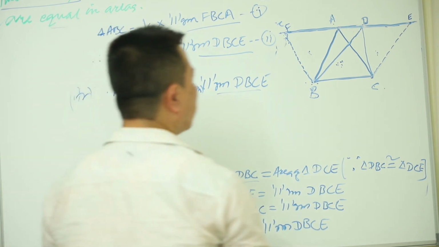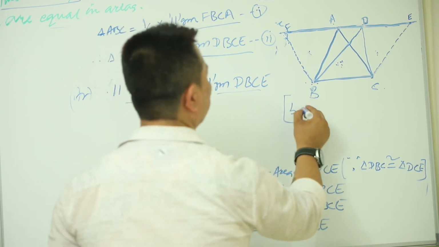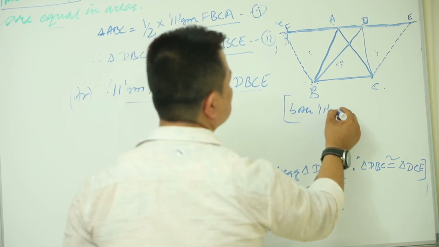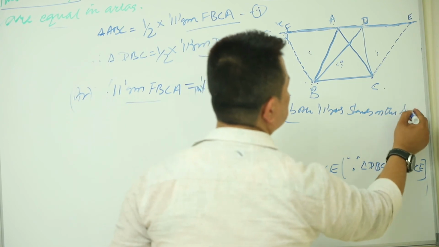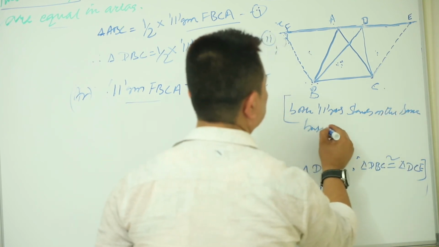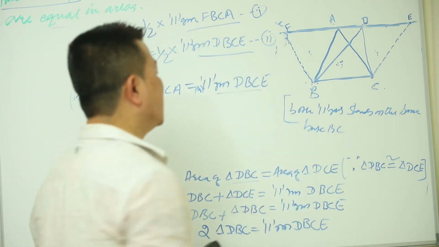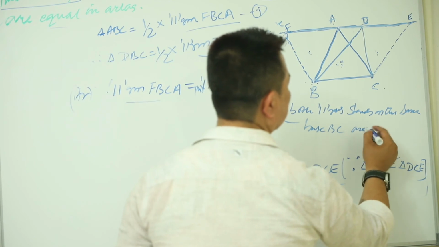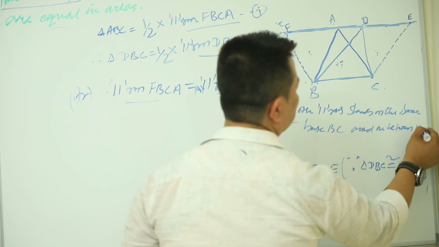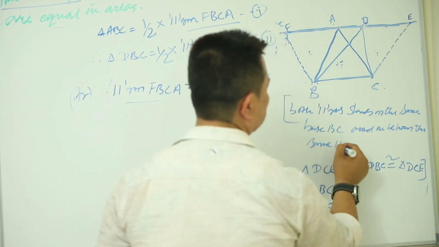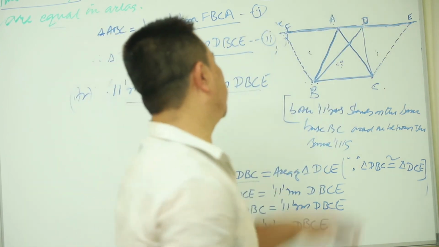Now the reason, you can write the reason here. What is the reason? Both parallelograms stand on the same base BC and are between the same parallels, FE and BC.